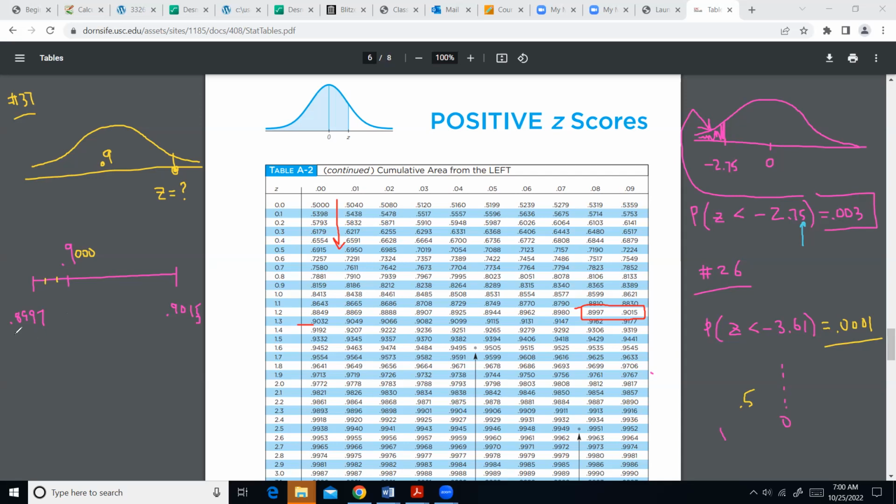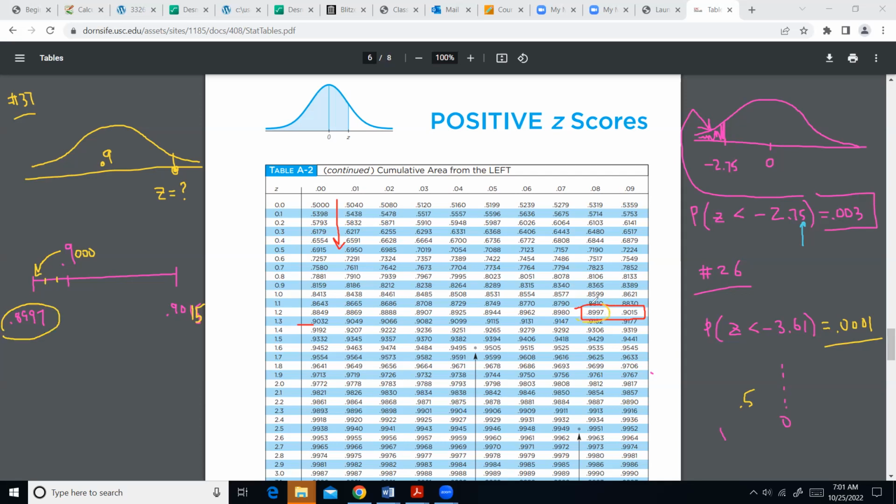So notice that 8997 is 3 steps away from 9,000, right? 8998, 8999, and then 9,000. But to get to 9,015, I need to make 15 steps, right? Because it's 9,000, but also 15. So that's much farther to the other side than 8997.